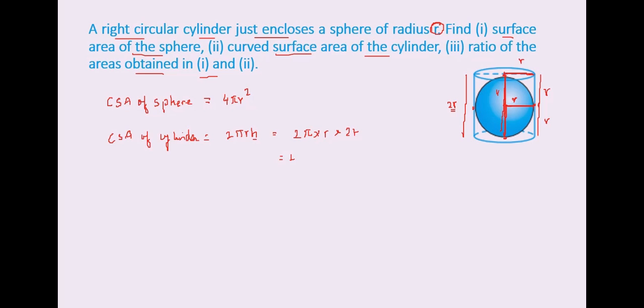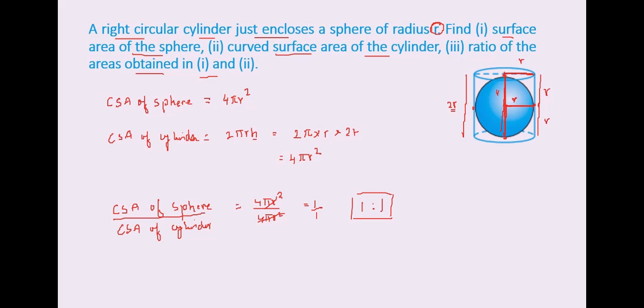So you have got 4 pi r square. So the ratio obtained: CSA of sphere upon CSA of cylinder equals 4 pi r square upon 4 pi r square, which is equal to 1 upon 1. So the ratio is 1 is to 1.